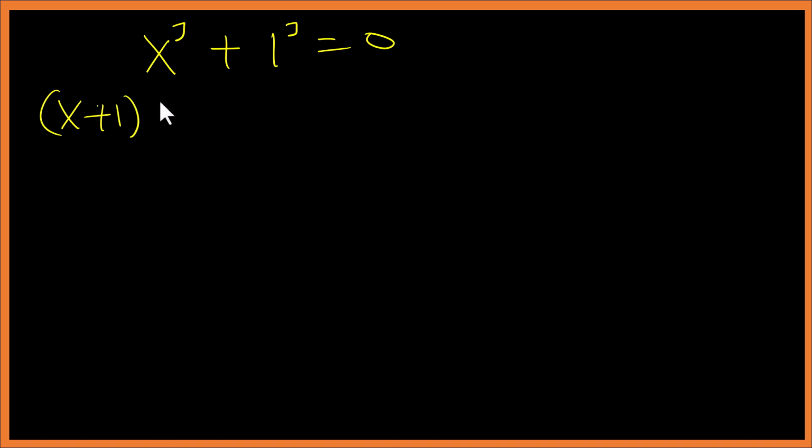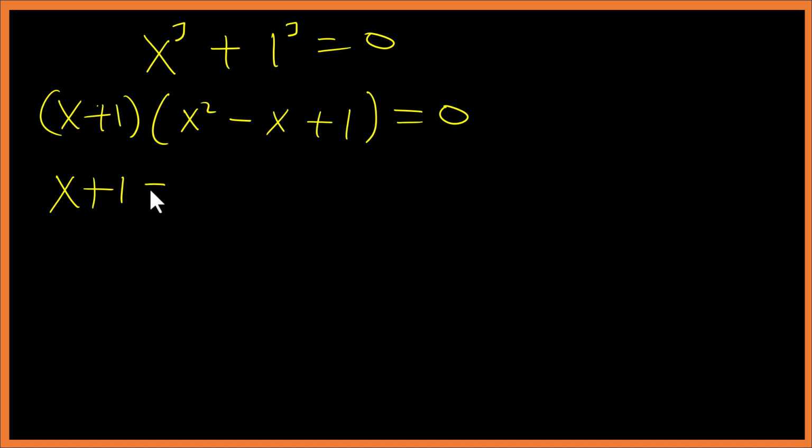So this side will be x plus 1, then we have x squared minus x times 1, plus 1 squared, equal to 0. So we have the zero product here. That makes this one x plus 1 equal to 0, or x squared minus x plus 1 equal to 0.